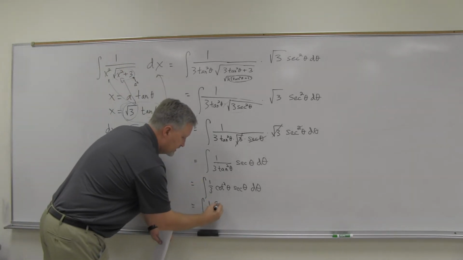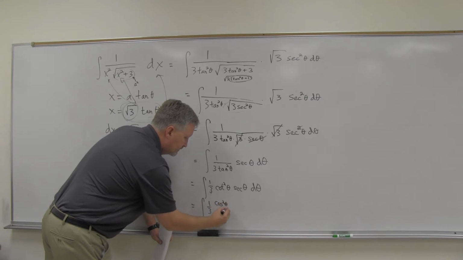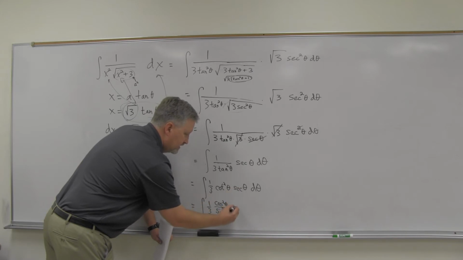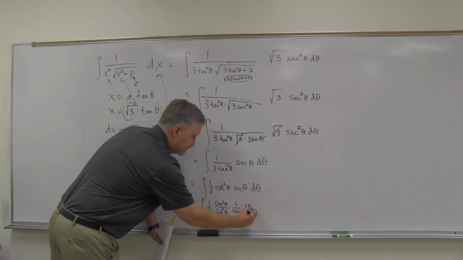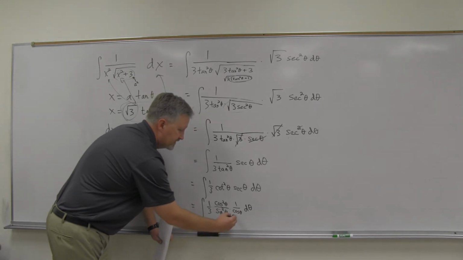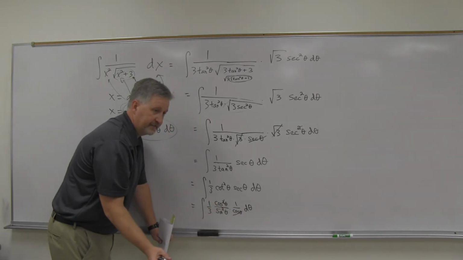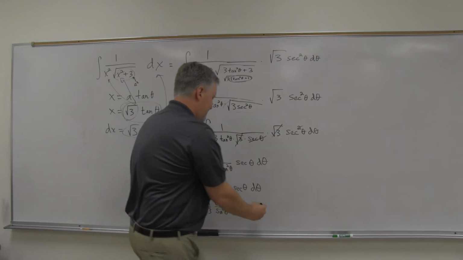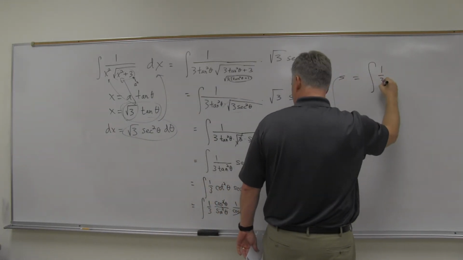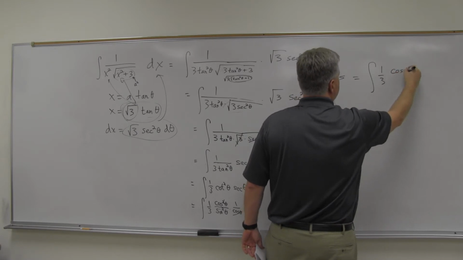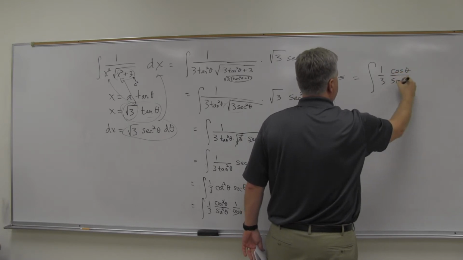So this is going to be cosine squared theta over sine squared theta. And then secant theta is 1 over cosine theta. And notice there, it does help a little bit. So it's 1/3 cosine theta over sine squared theta.